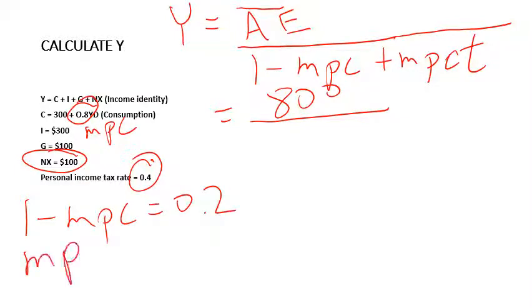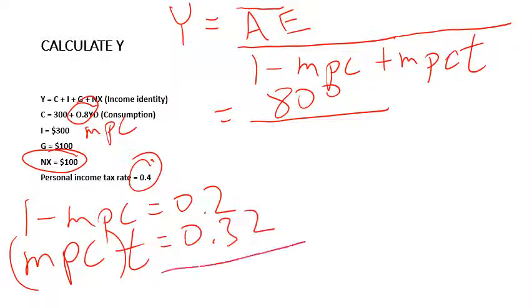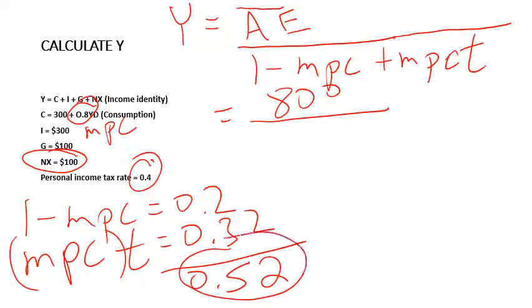And if we multiply MPC times T, we will get 0.32. So the denominator is going to be equal to 0.52. And this number obviously belongs here in the denominator, 0.52.